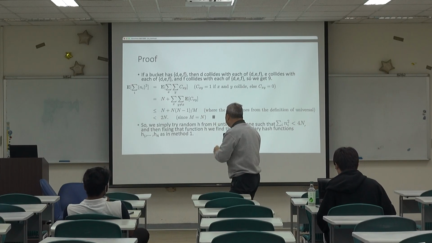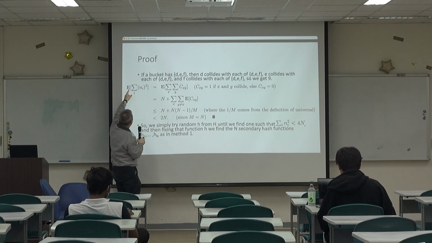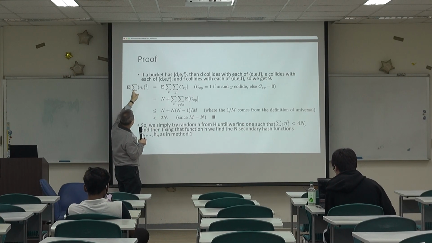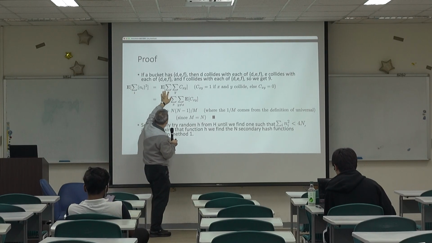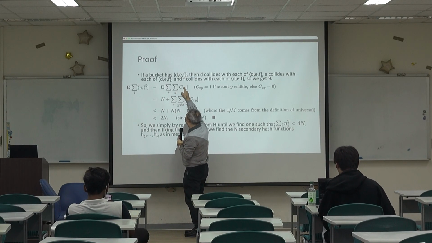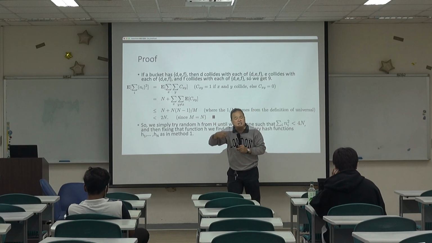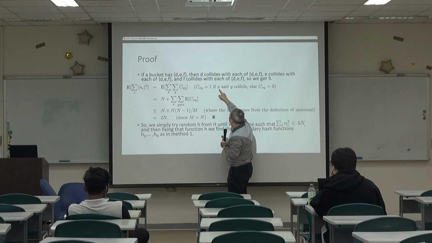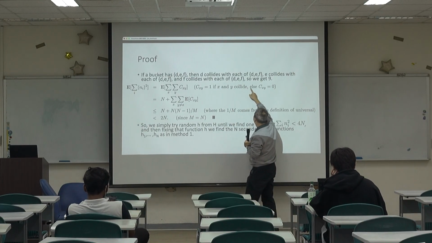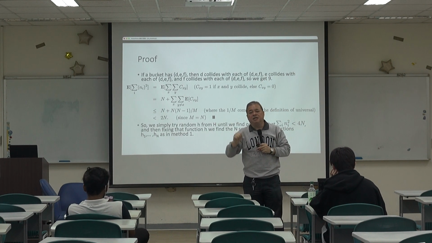Okay, so now if we consider that, the expected value of the sum of ni squared is going to be the same as the expected value of the sum over x, sum over y, of cxy, where cxy is an indicator equal to 1 if x and y collide, else cxy is 0.